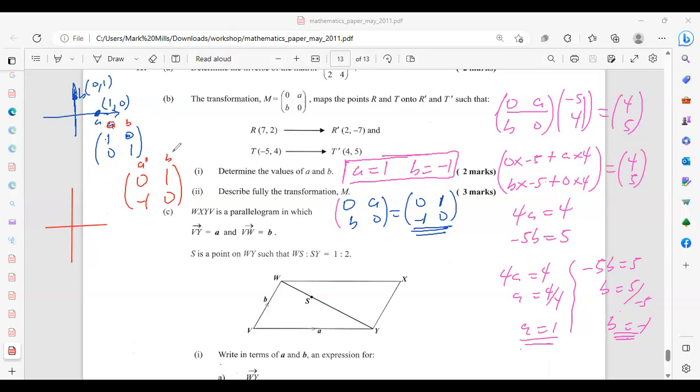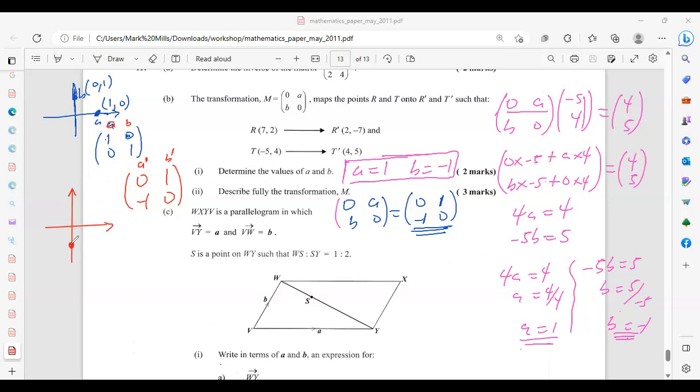Follow me, everybody. This is A and B. This will be the new A and new B. Now, where will I plot 0, -1? Over the right side, under the bottom. 0, -1, right here, yes.